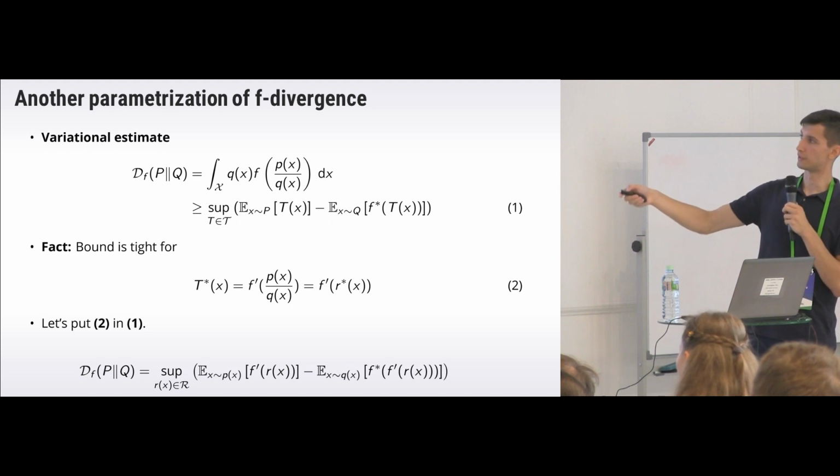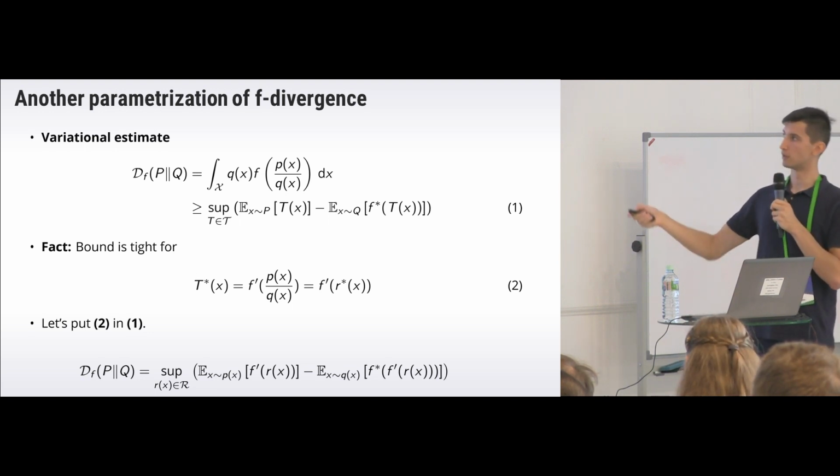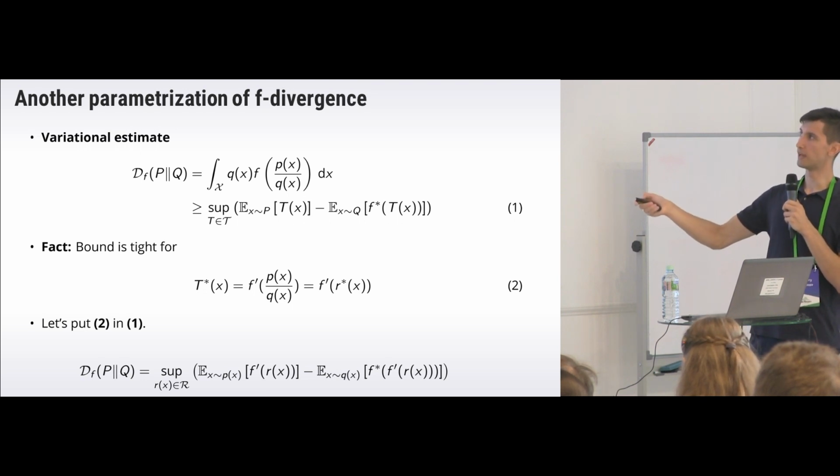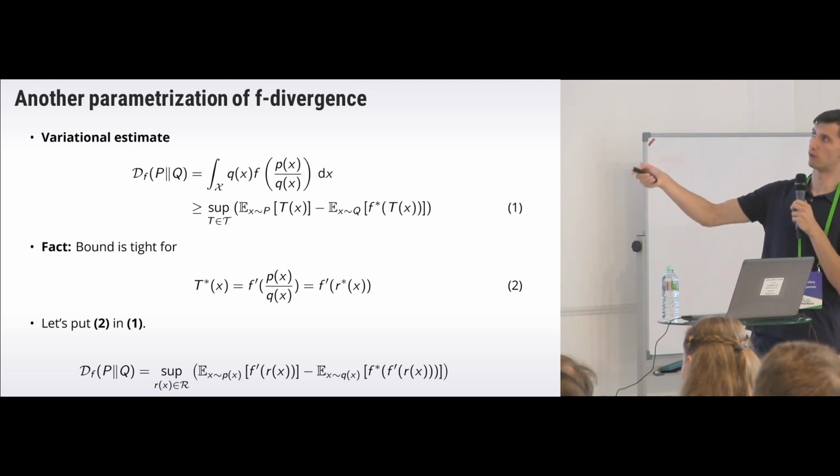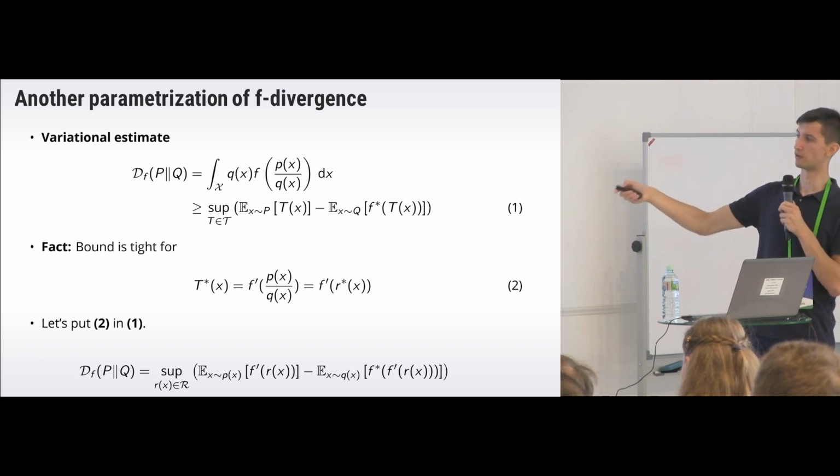But the thing is that this f depends on something that we do not know, this r of x. So instead of looking for t that attains a supremum, we can look for a function r that attains a supremum.